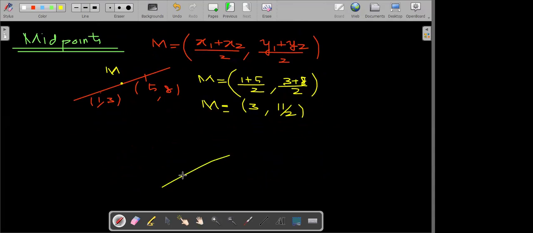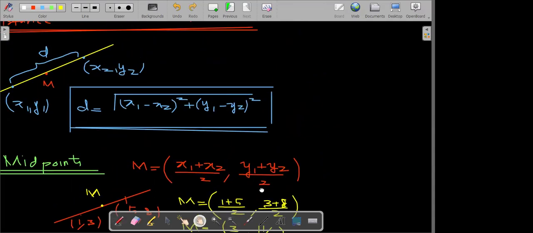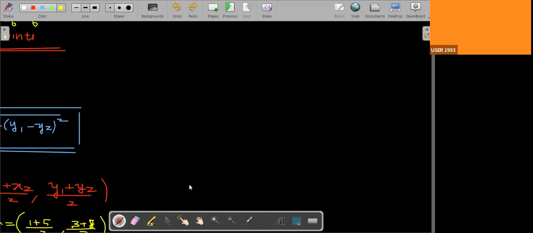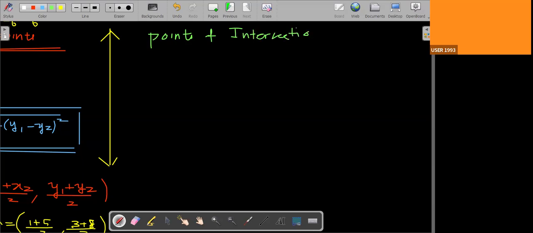Okay. Next one is to find points of intersection. These are some easy calculations.